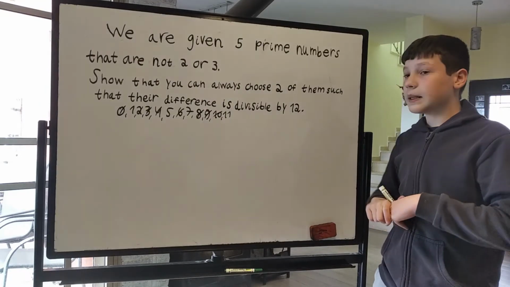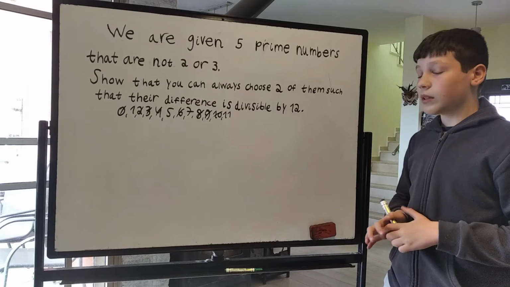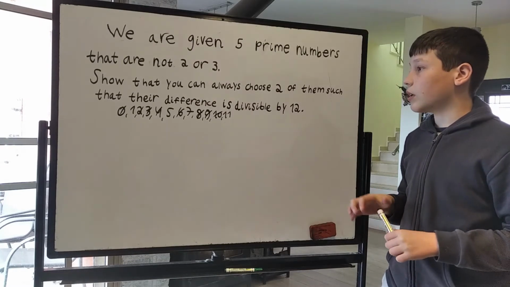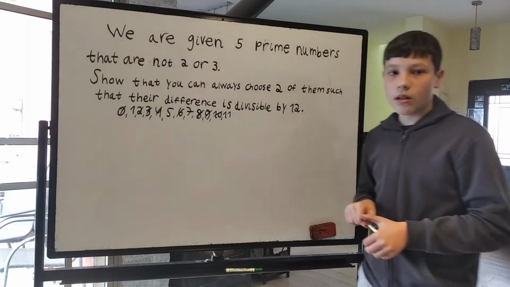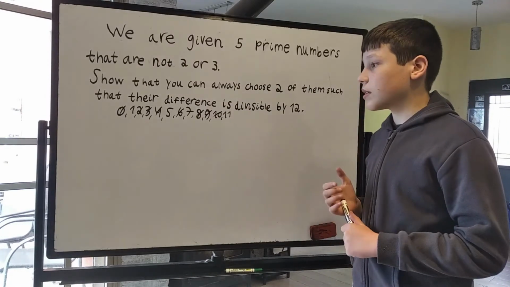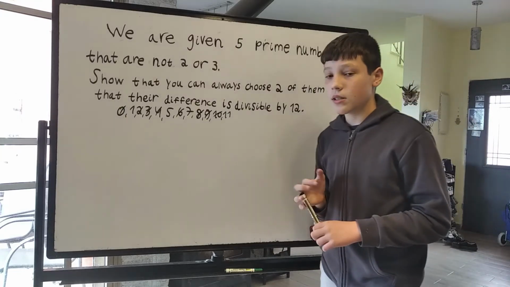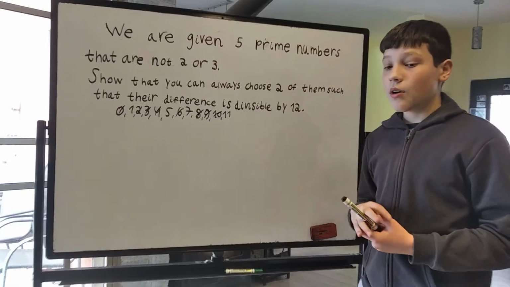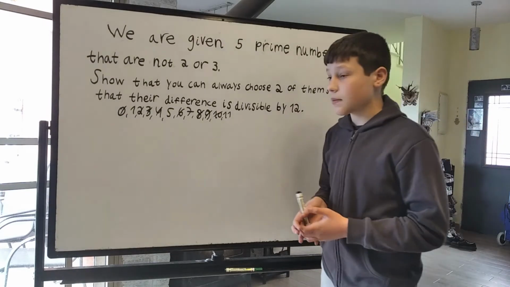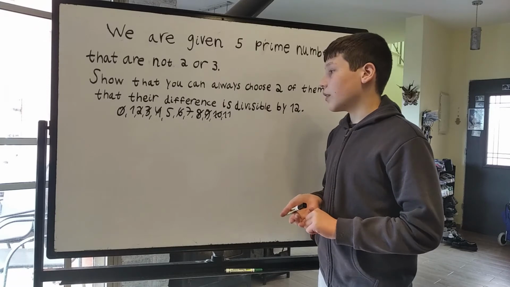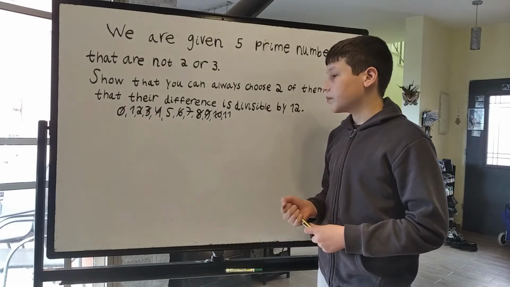So, let's see. Let's use our loose list of numbers. The most different congruences we can have mod 12 for these numbers are 4, because by definition they can only be congruent to 1, 5, 7, or 11 mod 12.